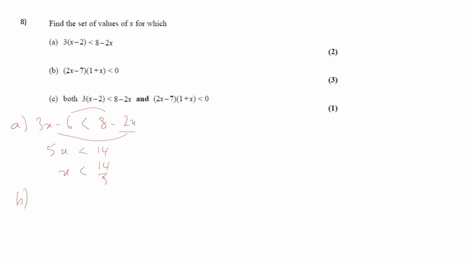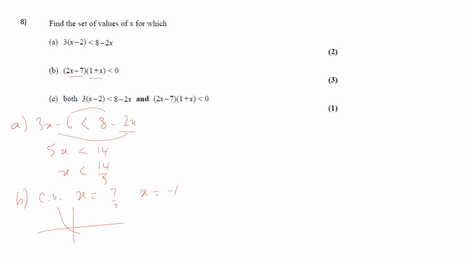For B, you don't need to do any expanding here, really, because you just need to look at these values here and get the critical values. So the critical values are going to be x equals 7 over 2 from the first bracket, what makes the bracket equal to 0, or x equals minus 1. A little sketch of that function would be handy.